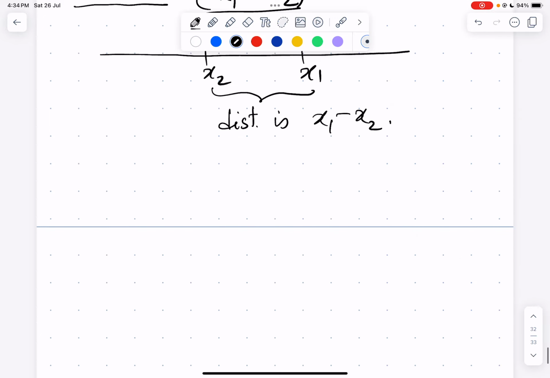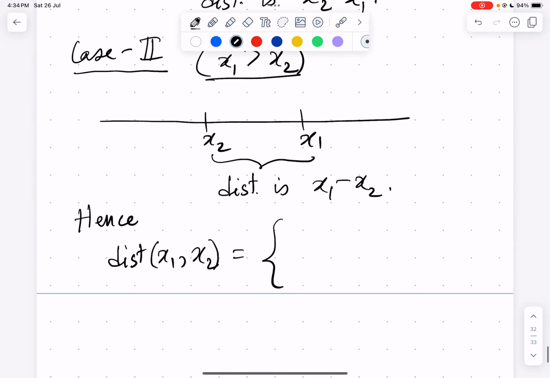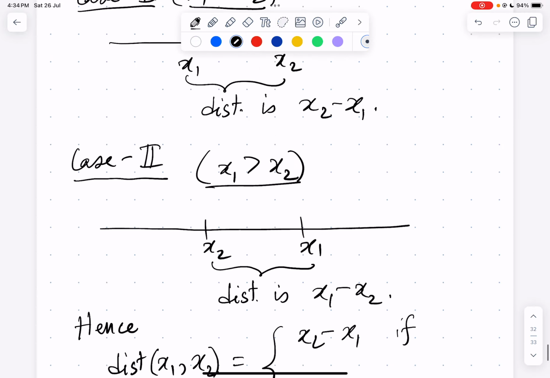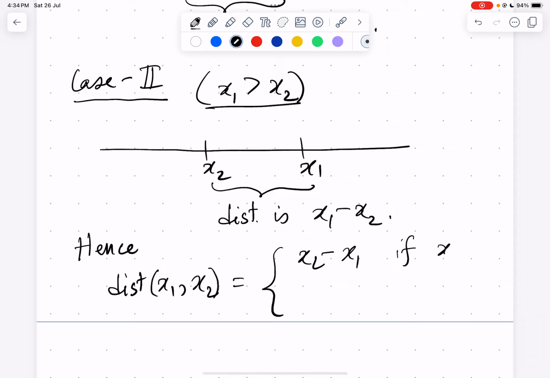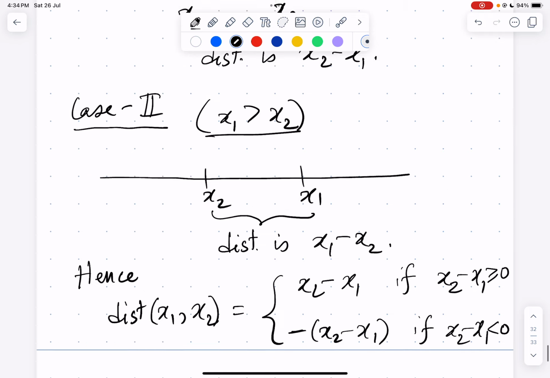So hence we see that the distance between x1 and x2 is x2 minus x1 if x1 is less than or equal to x2, or if x2 minus x1 is greater than or equal to 0, and minus of x2 minus x1 if x2 minus x1 is less than 0, that is x2 is less than x1.